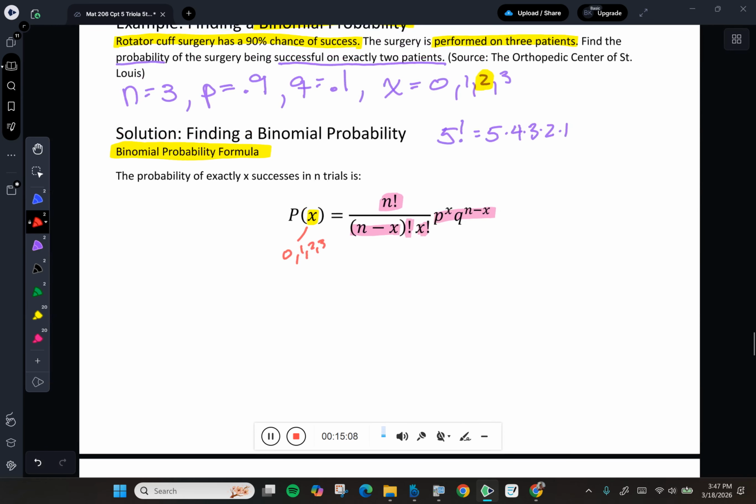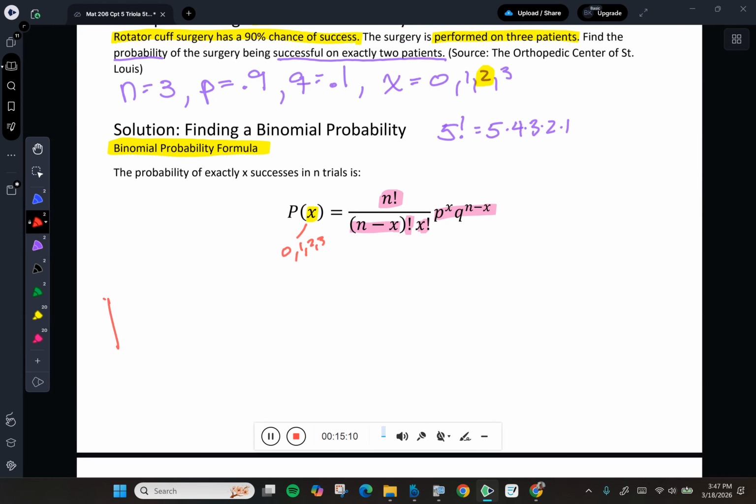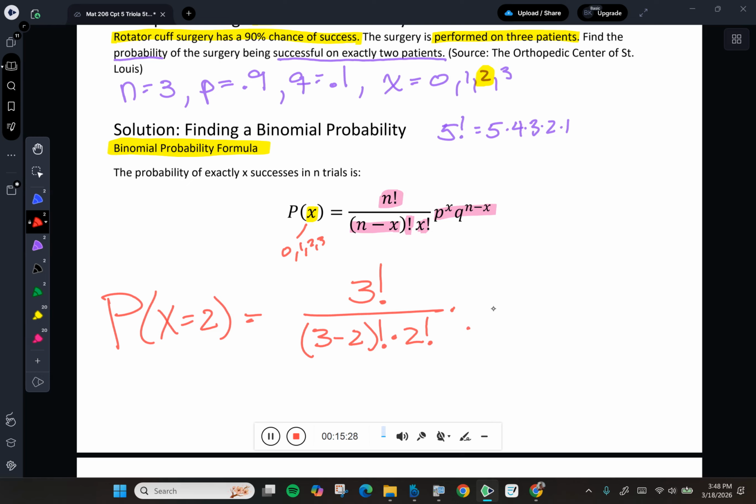So for our example, if we want to find the probability that x is exactly 2, we're going to do 3 factorial divided by (3 minus 2) factorial times 2 factorial, times 0.9 to the second, times 0.1 raised to the 3 minus 2.